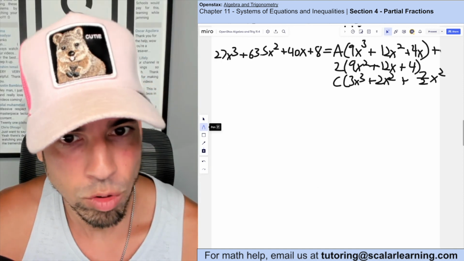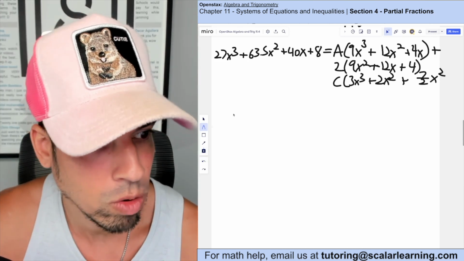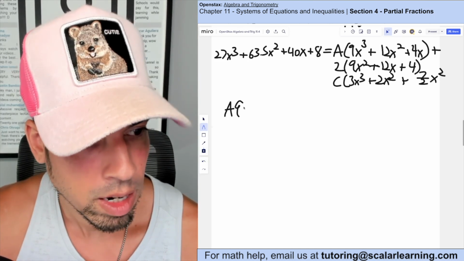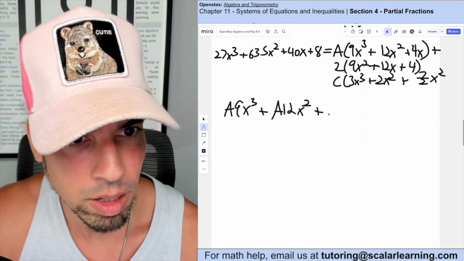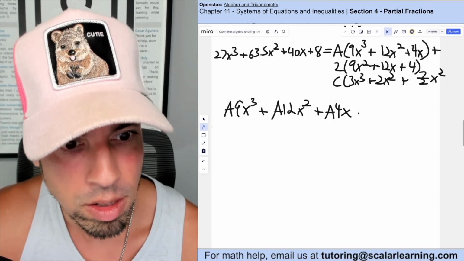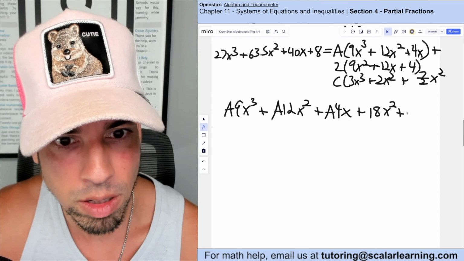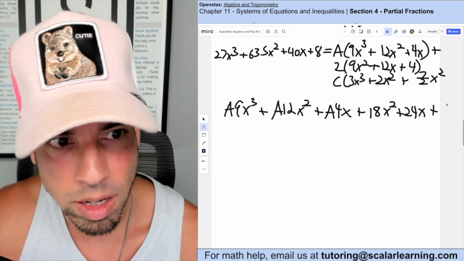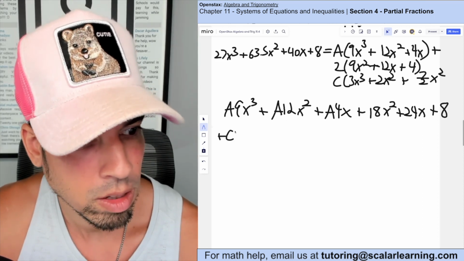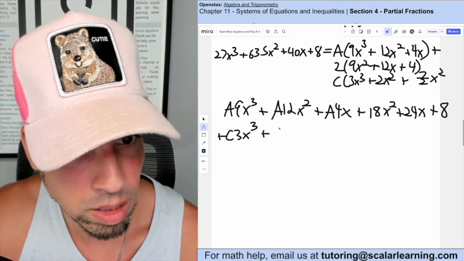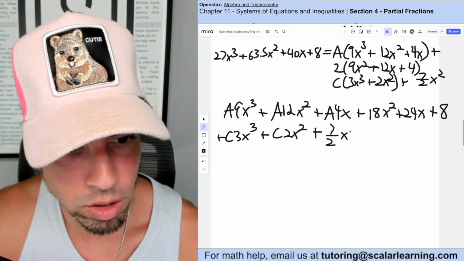Now we're going to continue to multiply out and simplify the right-hand side. So I have a 9x cubed plus a 12x squared plus a 4x plus, and then we multiply this out, 18x squared plus 24x plus 8. And then I've got plus c3x cubed plus c2x squared plus 7 halves times x squared.